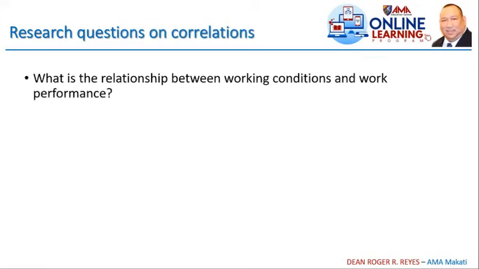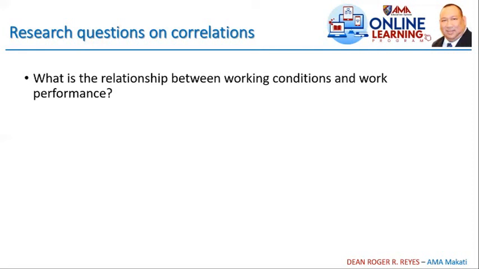So kung hindi descriptive comparative research, descriptive and correlational research. So ang tanong dito, what is the relationship between 2 variables? So what is the relationship between working conditions and work performance?